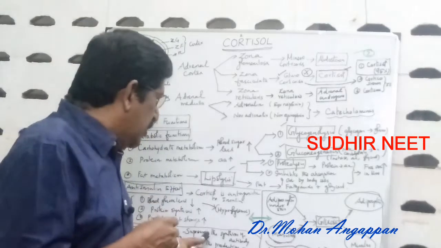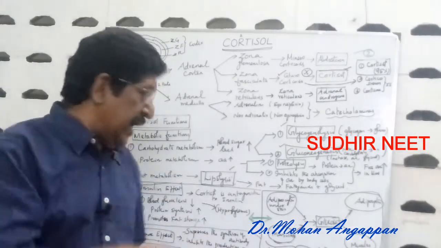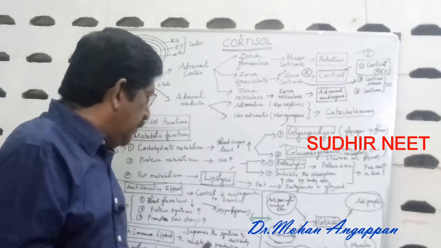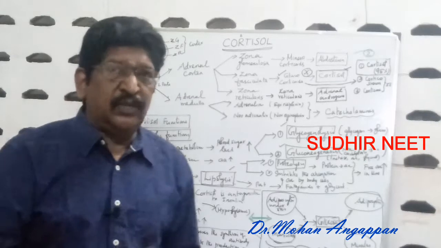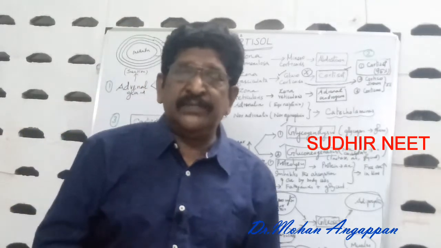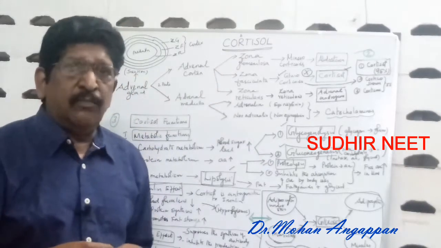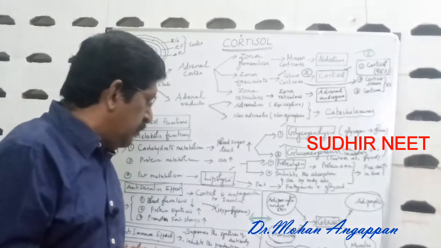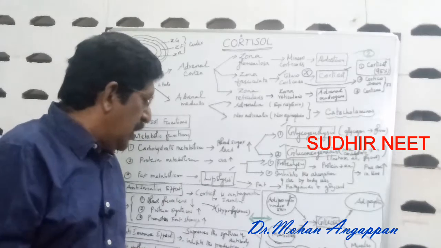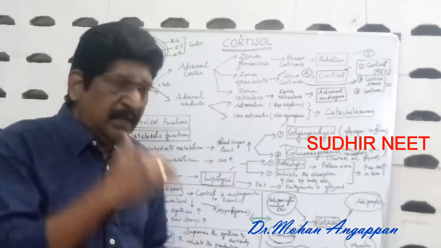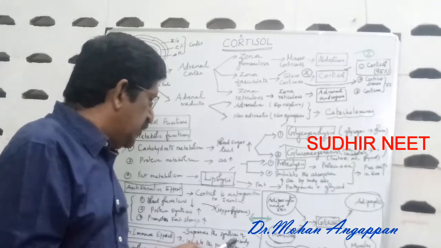So this cortisol suppresses the synthesis and the activity of the antibody itself, and inhibits the production of lymphocytes. The lymphocyte is a kind of WBC. It is responsible for the production of antibodies, and it is responsible for the production of T cells for the immune system. So cortisol inhibits the production of lymphocytes.